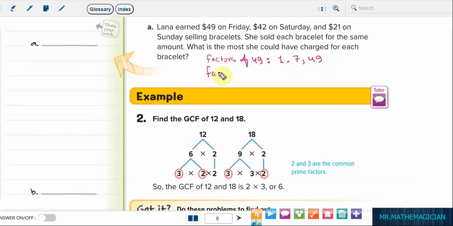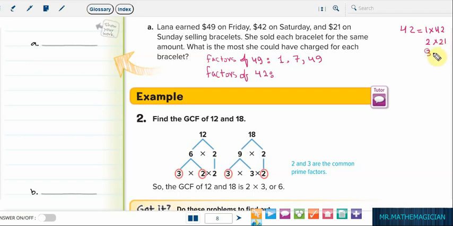Factors of 42. We have 1 by 42. We have 2 times 21.